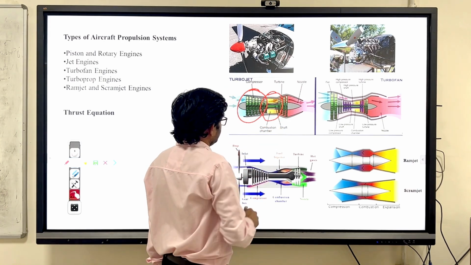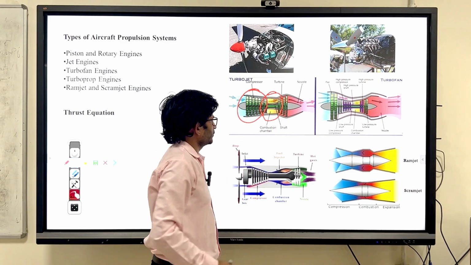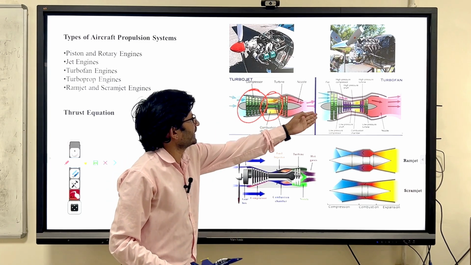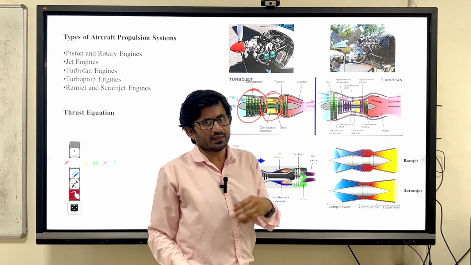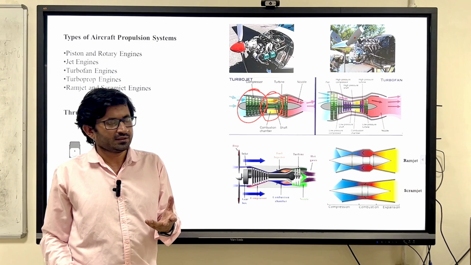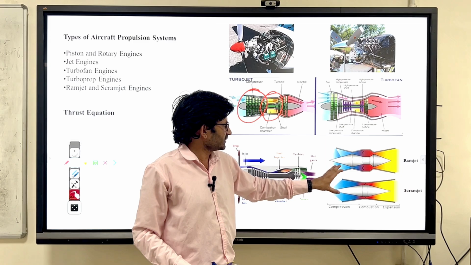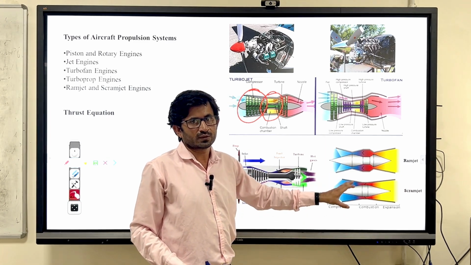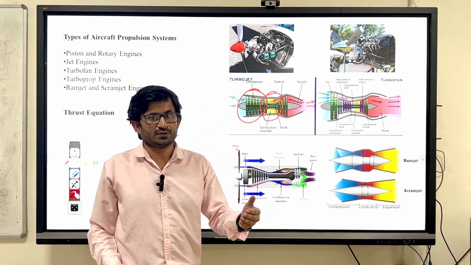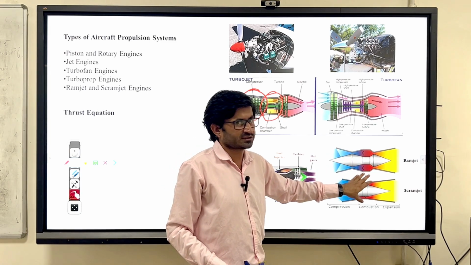but this combustion, if you somehow attain this compression ratio without the compressor and without the fan, you may have a combustion. This is also the case, right? So the ramjet and scramjet work on that principle, where you will not see any moving part, because you have such a high velocity, and due to this shape you will get the pressure ratio at the combustion chamber.